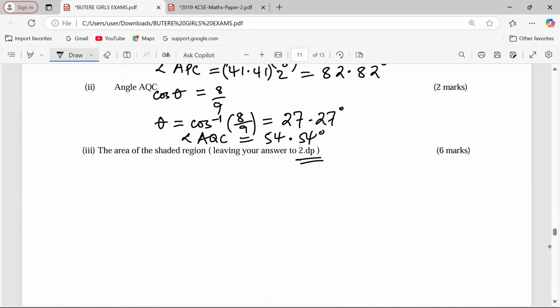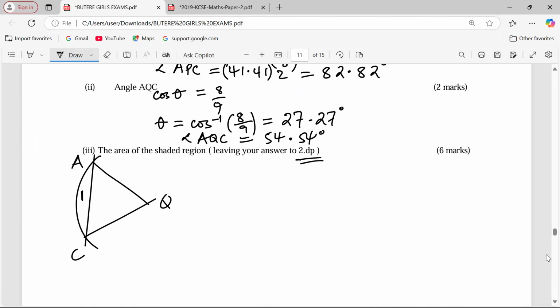So using the sector AQC, yeah, that's AQC. We need area 1, which is here.